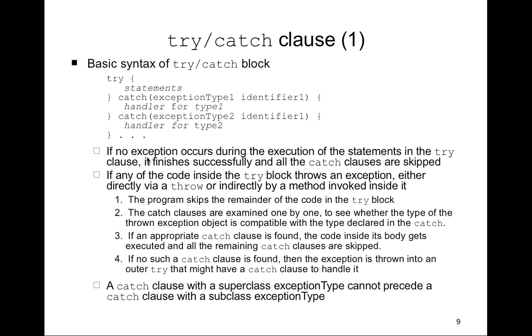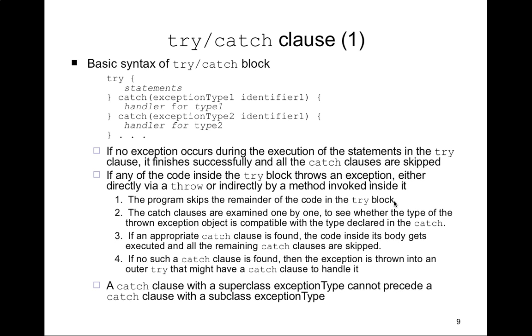All right, so if the try clause fails, something fails inside, then an exception is thrown, either directly via the throw or indirectly by a method invoked inside of it, because you can invoke a method to throw inside of it. The program skips the remainder of the try block and stops exactly there.